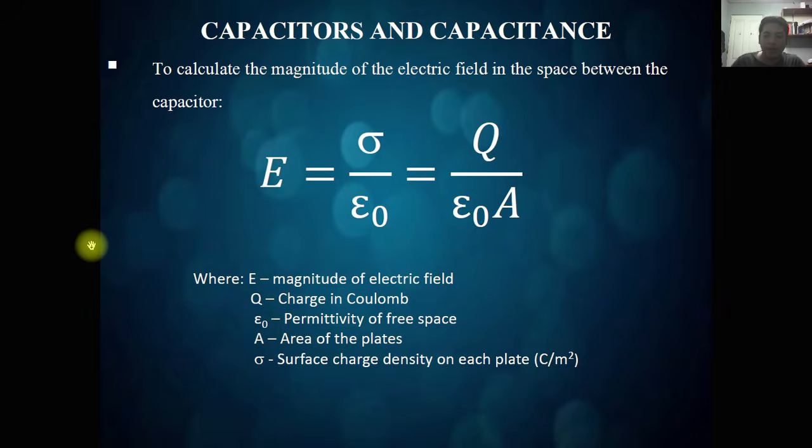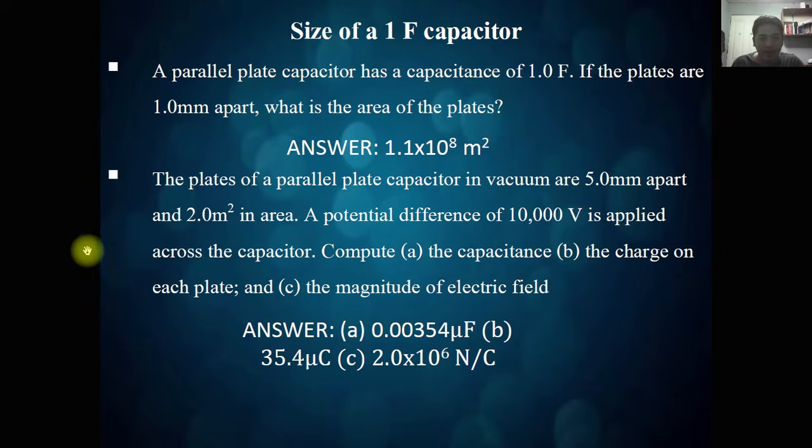Let's try to solve for the size of a 1 farad capacitor. In fact, typical values of capacitors usually range from microfarads to nanofarads or even picofarads. So let's calculate the size of a 1 farad capacitor. The question says: a parallel plate capacitor has a capacitance of 1 farad.